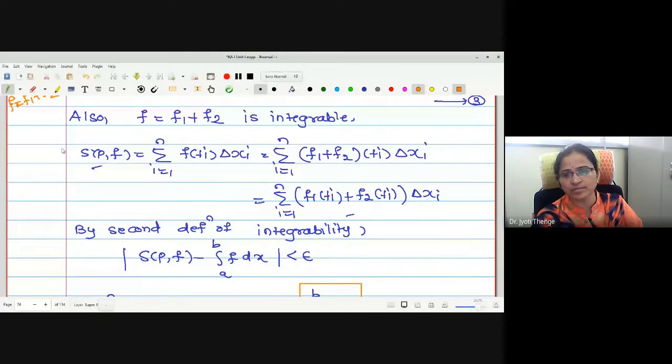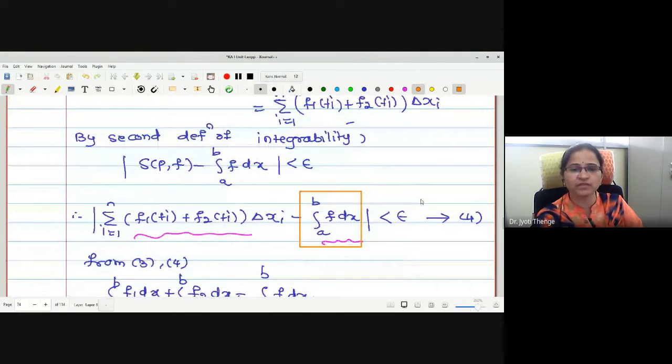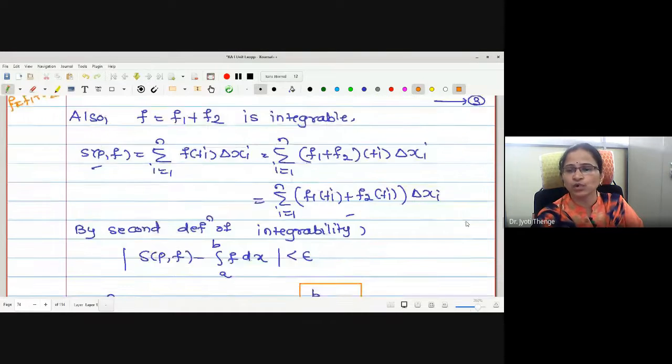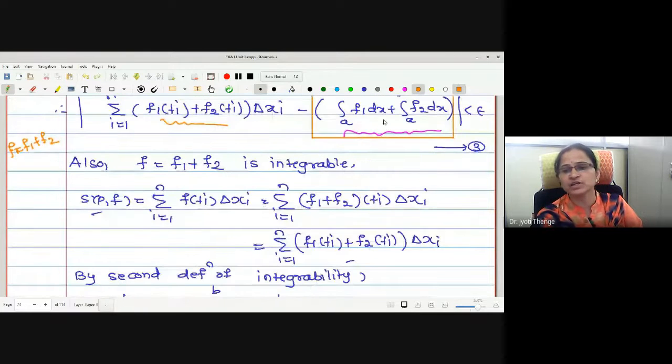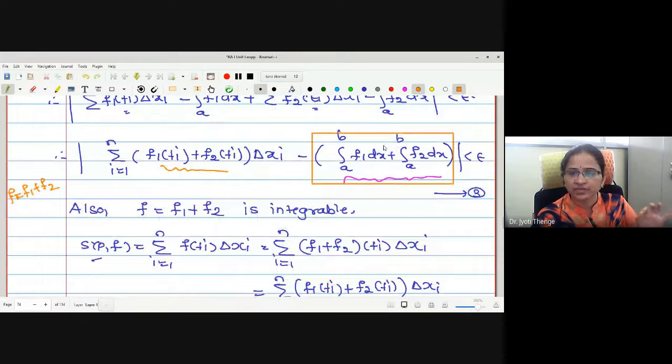What is the value of the sum? f1(ti) plus f2(ti) into delta xi. Let us use again the definition of integrability, which tells us that this is the limit of your Riemann sum. Therefore, looking at number 3 and number 4, both are the limits of the same sum. Can we have different limits for the same sum? If we are saying limit exists, it is unique as well.